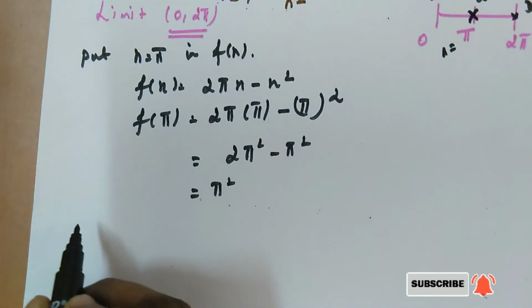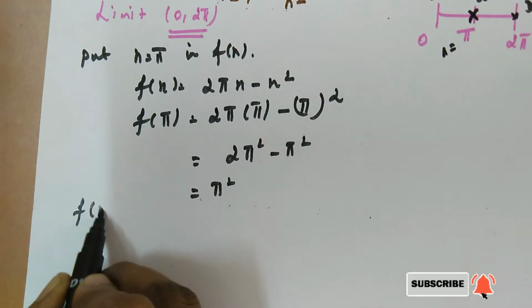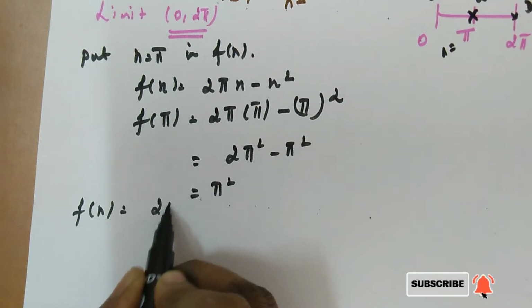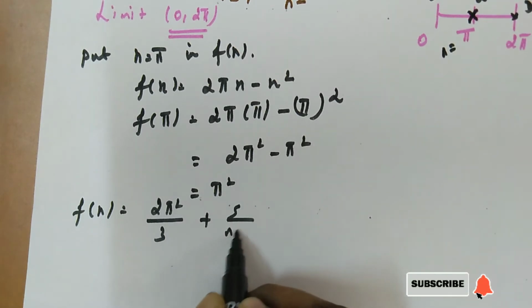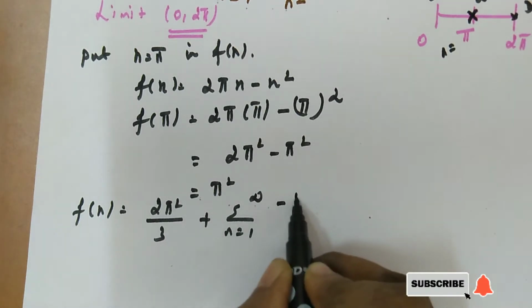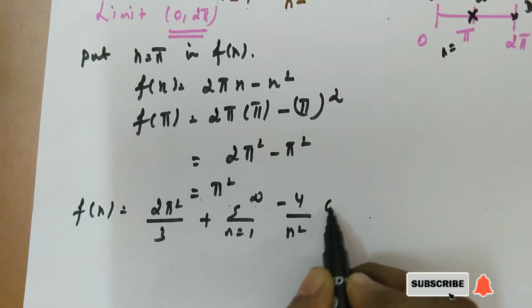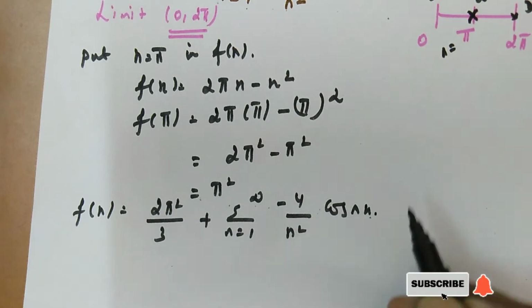Now we'll go back to the Fourier series. Here f of x is equal to 2 pi square by 3 plus sigma n equal to 1 to infinity minus 4 by n square cos nx. This is the answer we got for this function f of x. So in this Fourier series only we are finding the deduction.